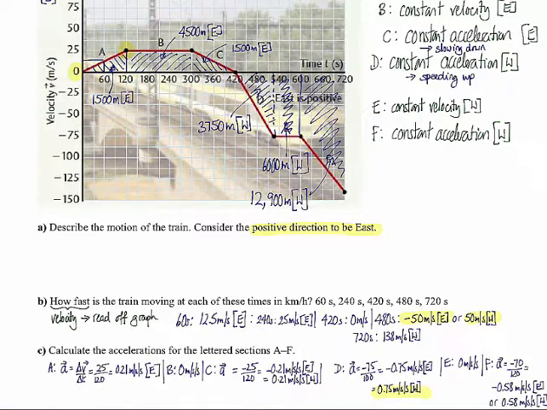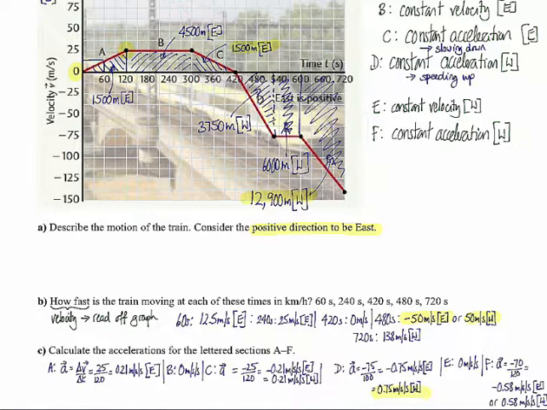So recall that I am always finding the area between the velocity graph and the time axis, and that any displacements that are above the time axis are east, such as in section C, 1500 meters east, and in the last section, 12,900 meters west.